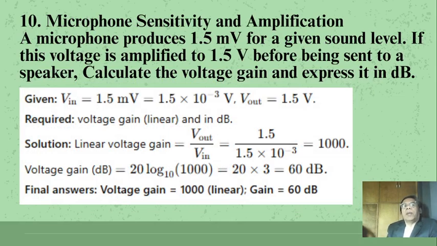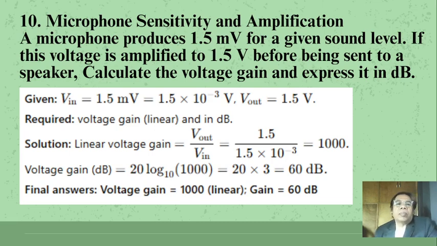Number 10, microphone sensitivity and amplification. A microphone produces 1.5 millivolts for a given sound level. If this voltage is amplified to 1.5 volts before being sent to a speaker, calculate the voltage gain and express it in decibels. We are given the V input 1.5 millivolts, and that's equivalent to 1.5 times 10 raised to negative 3 volt, and the V out is 1.5 volts.